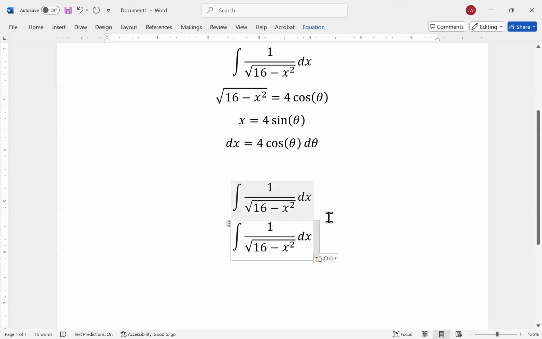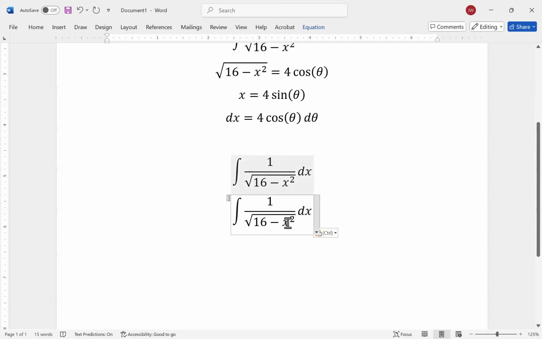Notice what happens here, interestingly enough. This square root is going to be replaced with a 4 times cosine of theta. The dx is also going to be replaced with 4 cosine theta, but times d theta.